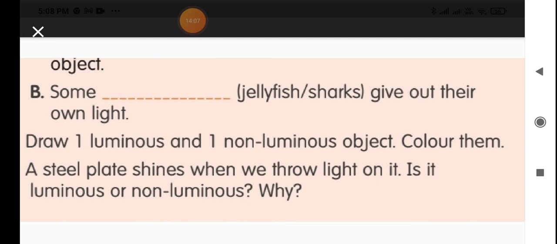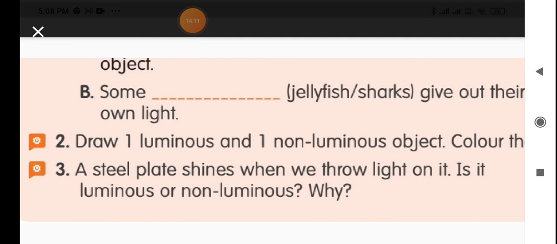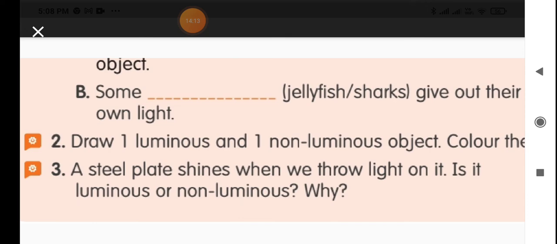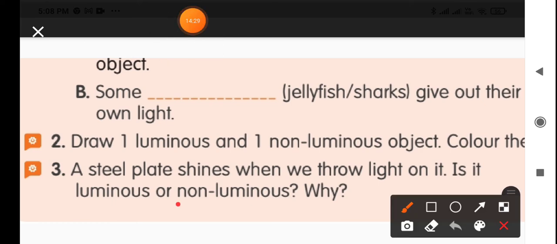Draw one luminous and one non-luminous object and color them. Write their names. A steel plate shines when we throw light on it. Is it luminous or non-luminous and why? It shines, but it is not a luminous object. It is a non-luminous object because the light is just bouncing back.